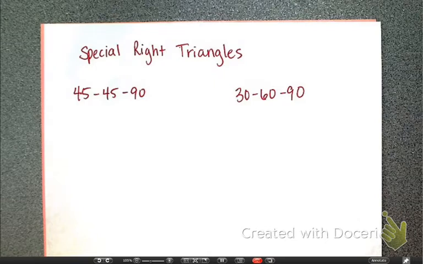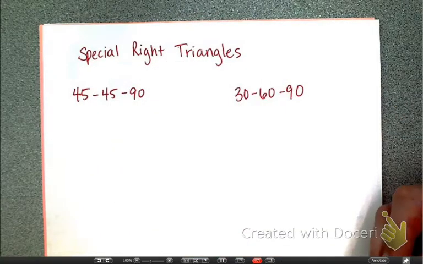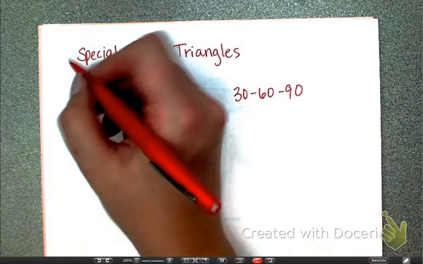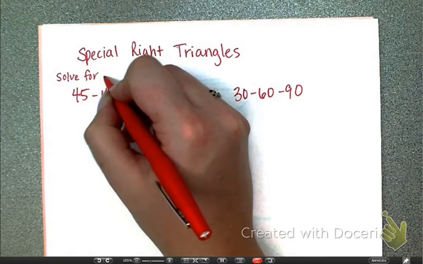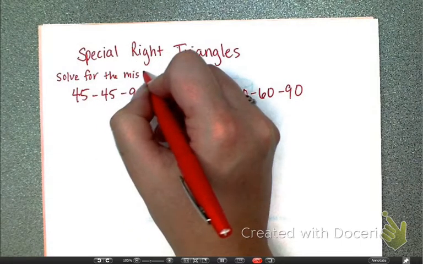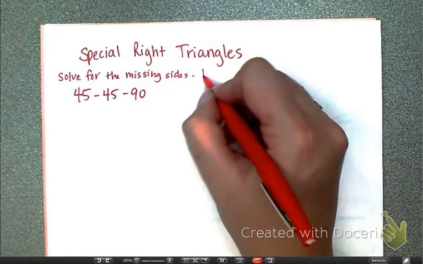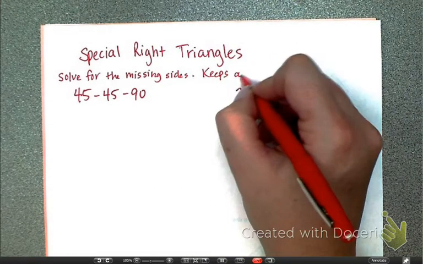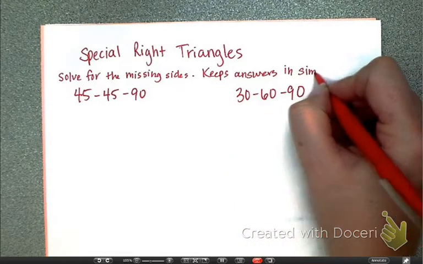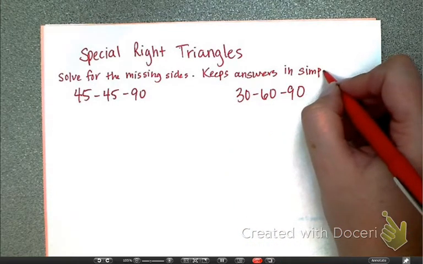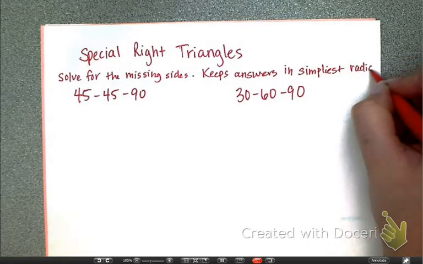These must be used when the directions say solve, something along the lines of solve for the missing sides, keep answers in simplest radical form.